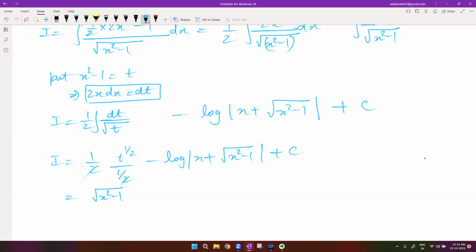So this 2 gets cancelled out with 2. This is t to the power half only. T is x square minus 1. Power half means root. This is your final answer.